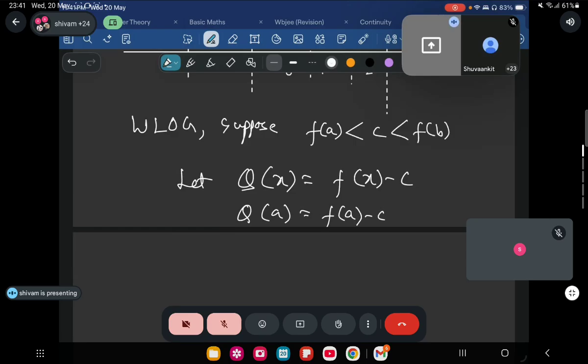Is this greater than 0 or less than 0? Less than 0. Next, what is q of b? It is greater than 0. This is f of b minus c.